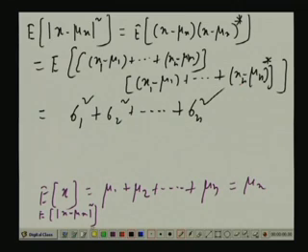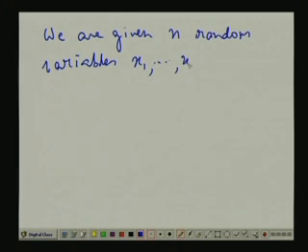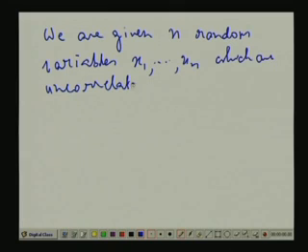We now consider a very interesting example which uses these concepts. Suppose we are given x_1 to x_n, which are, you can say, mutually uncorrelated.